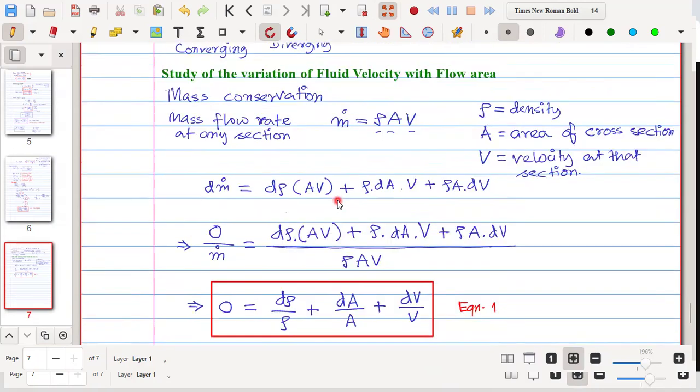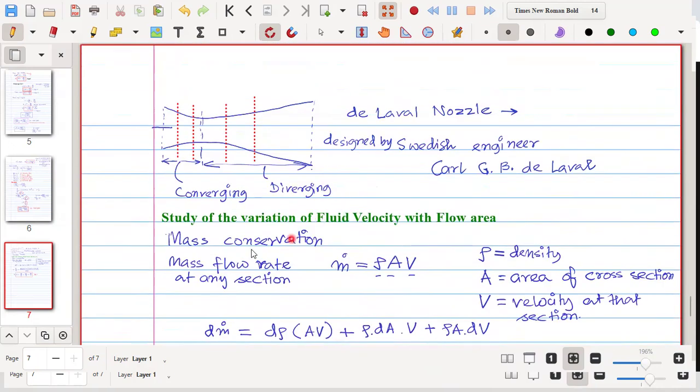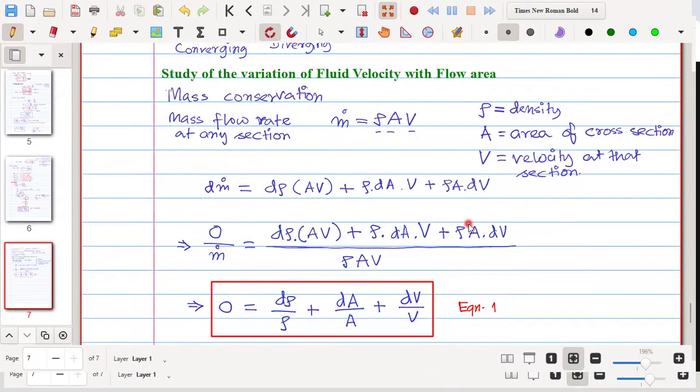So far we have started discussing the variation of fluid velocity with the flow area. For that, we have considered the conservation of mass, or the mass flow rate, which is constant. After differentiation, the left hand side will become zero, but the right hand side will contain the variation of density, variation of area, and variation of velocity.